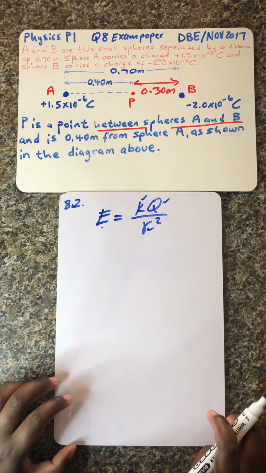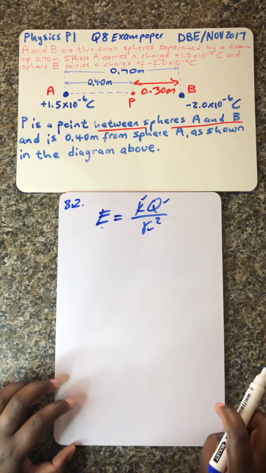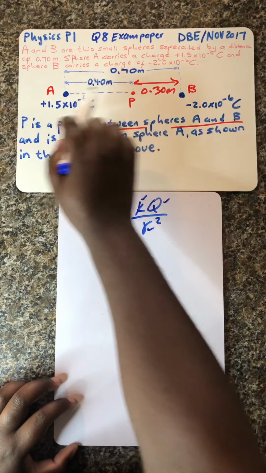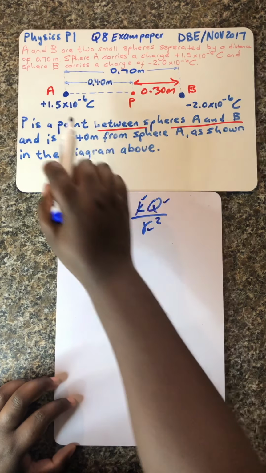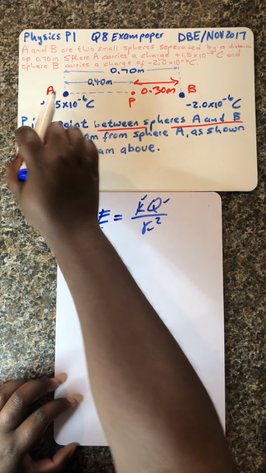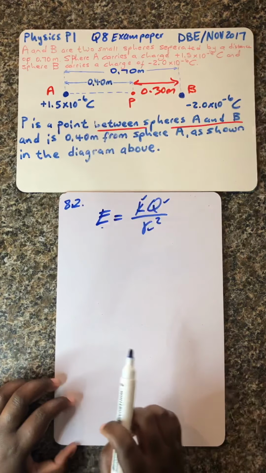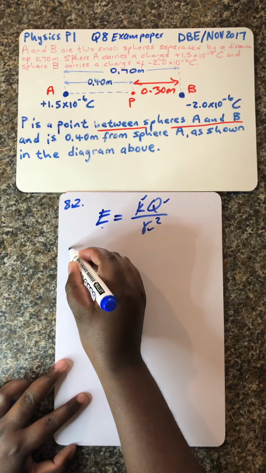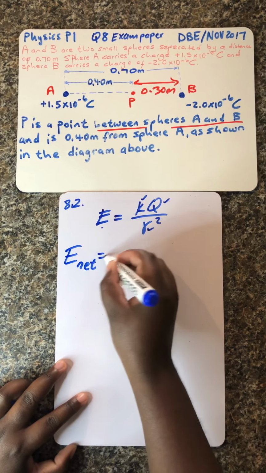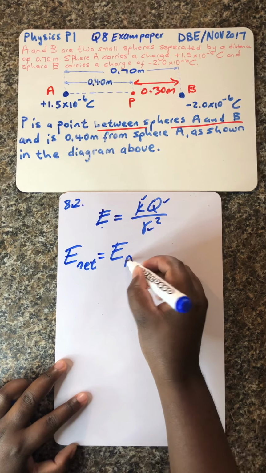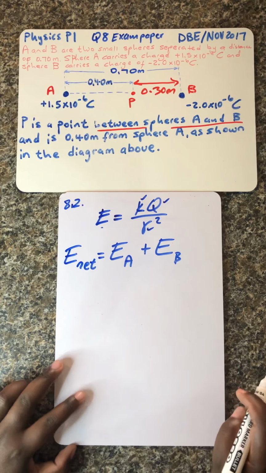But because point P is experiencing an electric field strength as a result of A and B, remember, it's between A and B, that means we'll have to use A and B to calculate the strength at P. So now what we calculate is the net, which is equal to E of A plus E of B.